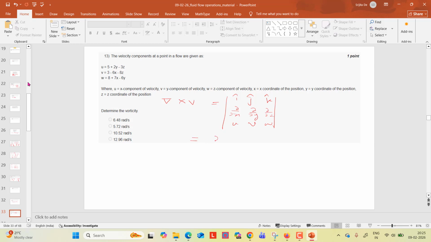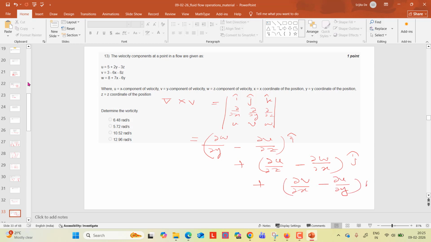Equals del w del y minus del v del z, i cap, plus del u del z minus del w del x, j cap, plus del v del x minus del u del y, k cap, right? So we have to find these components first.